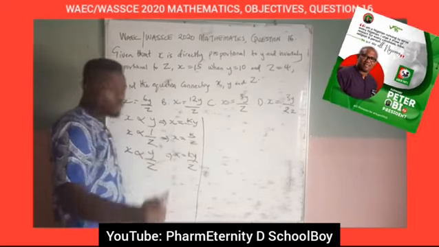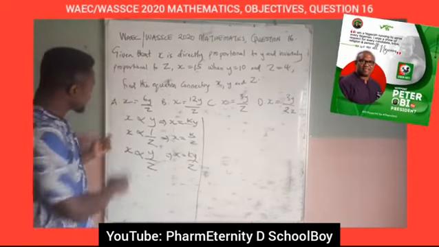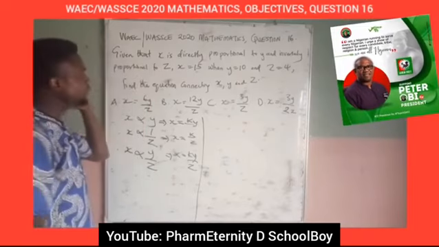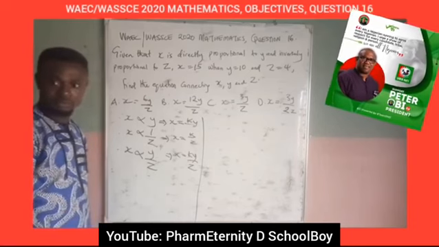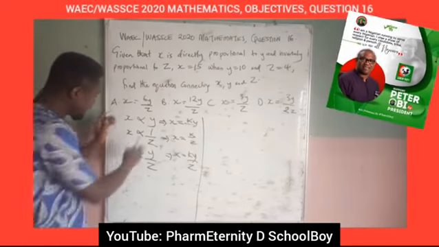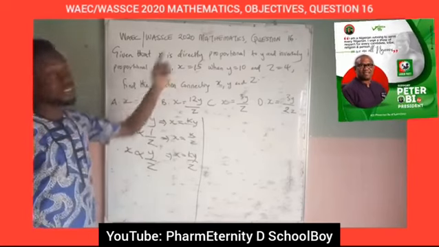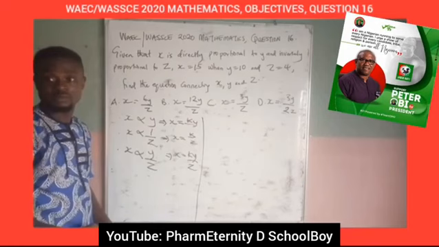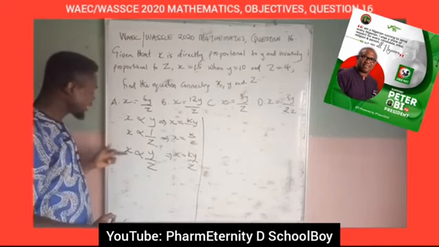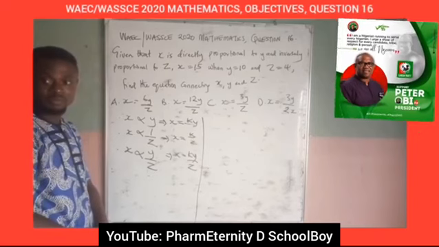But look at this question and check which type of variation they are talking about. Is it direct, inverse, or joint?